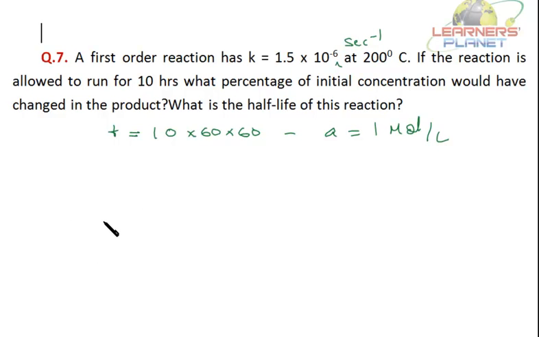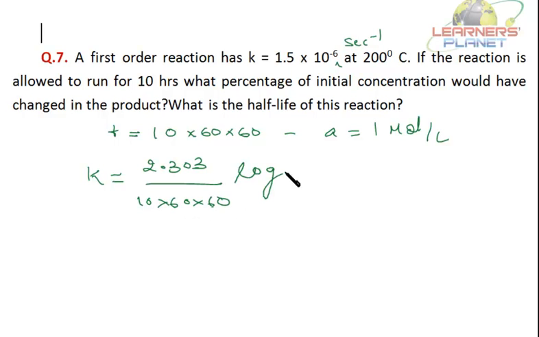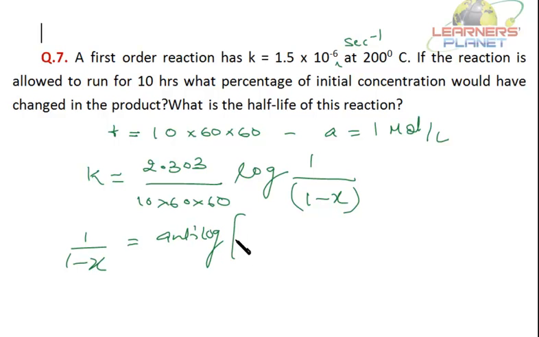Now let's put the values in the equation for the first order reaction. So K is equal to 2.303 by time, that is 10 into 60 into 60, then log of A by A minus X, that is 1 by 1 minus X. We don't know this 1 minus X. So this 1 by 1 minus X will be equal to the antilog of what?